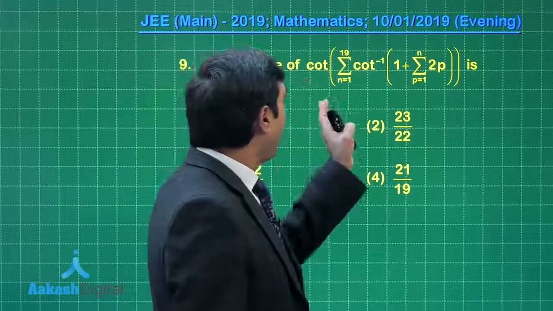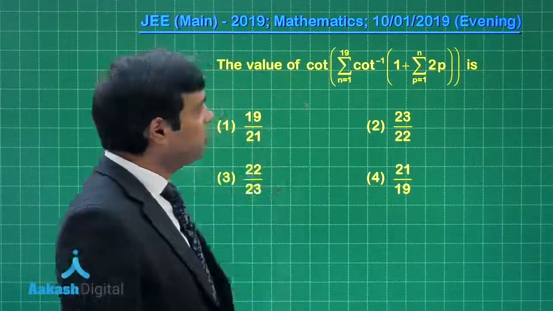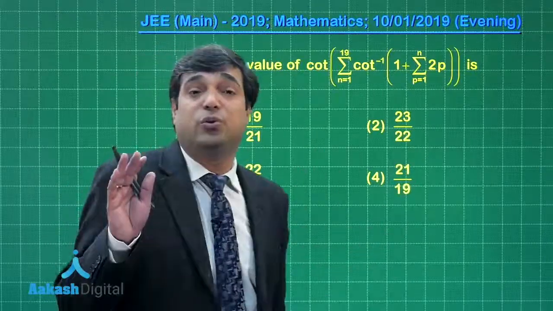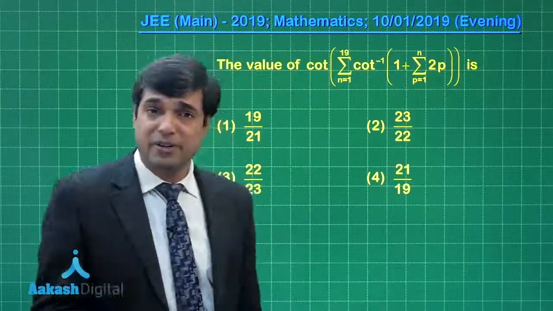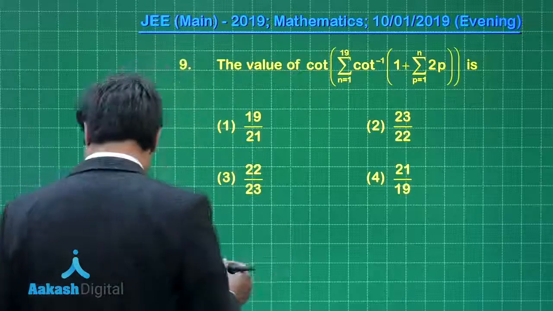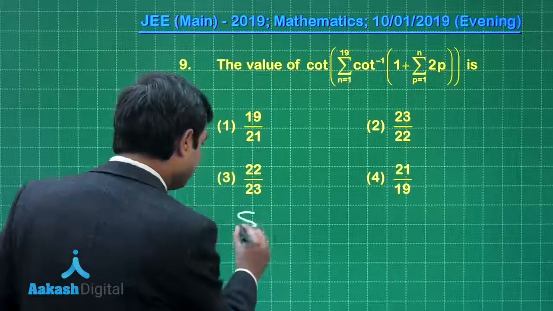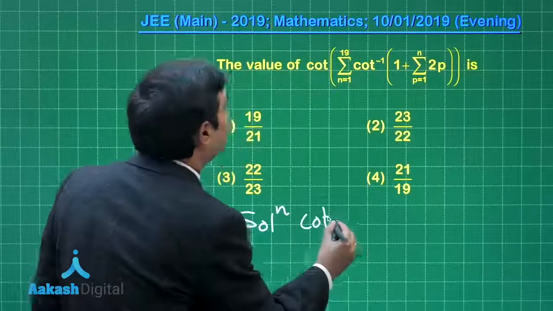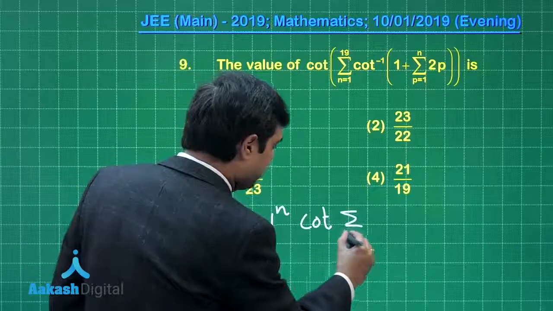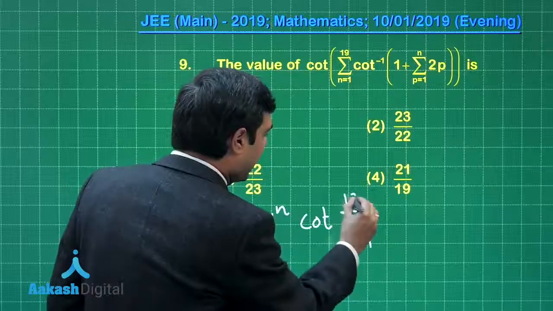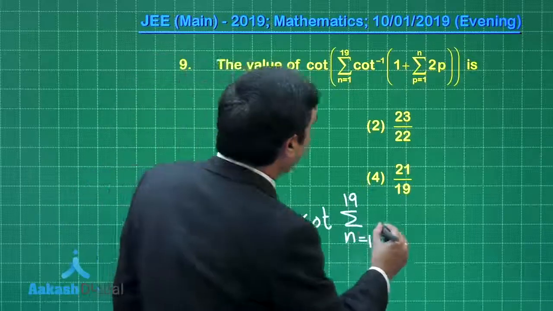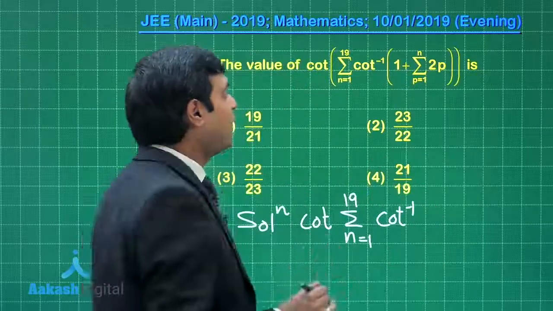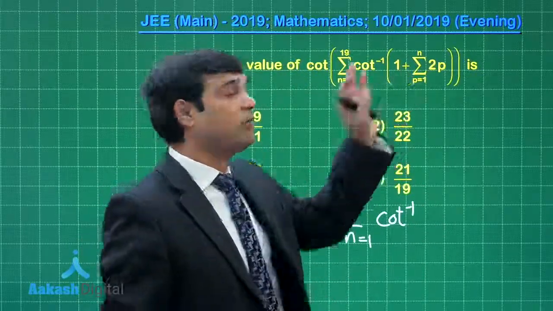The value of cot of summation n from 1 to 19 cot inverse of 1 plus summation 2p. Simple one from inverse trigonometry. Let us start it. This question says cot, then summation n equals 1 to 19, another cot inverse, this time 1 plus summation 2p, p is from 1 to n.